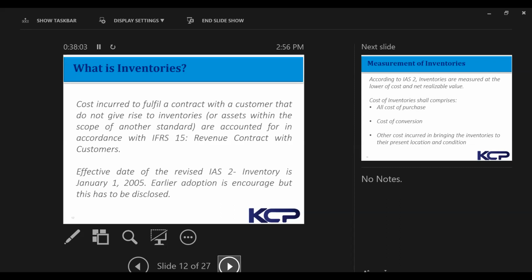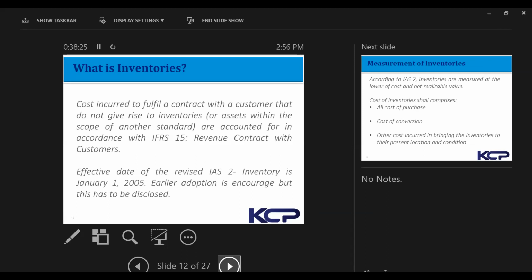It will then be accounted for as an expense against that revenue I've earned, which, if it's a trading company, you can call cost of sales. If it's a service company, you can say cost of service. Do you get what I'm trying to say?